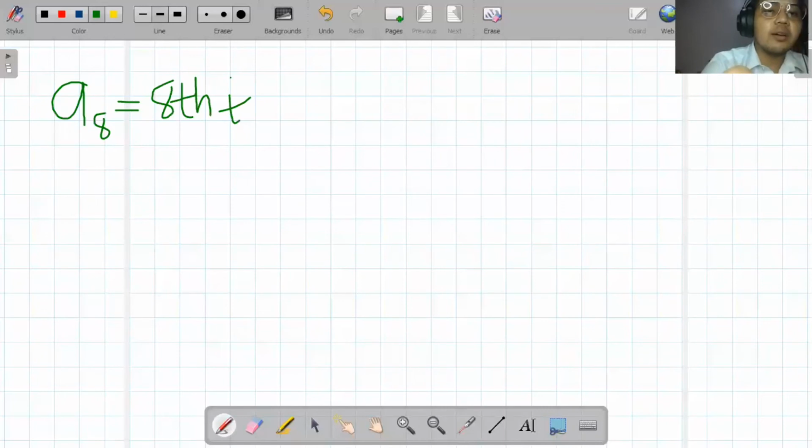But no sequence is given. What is given is the general rule or the formula, the nth term.